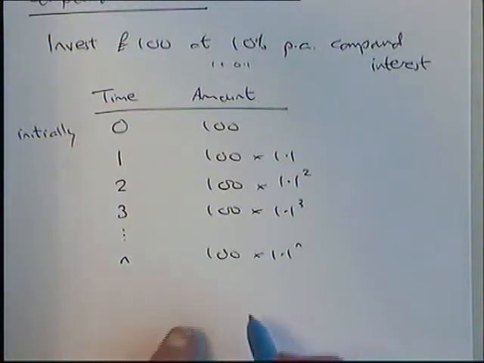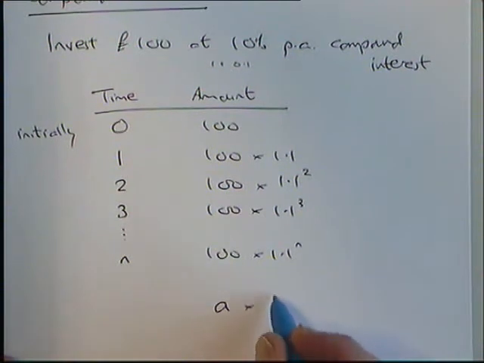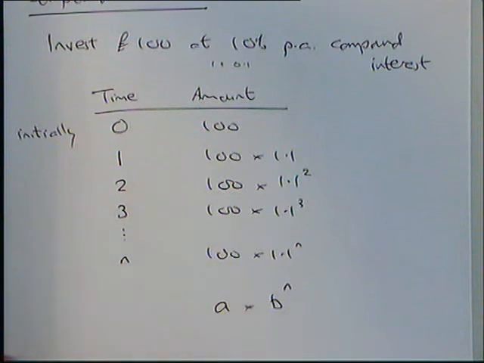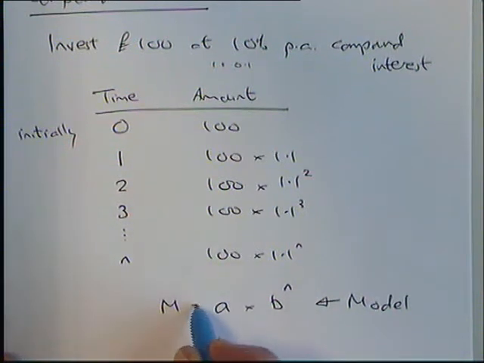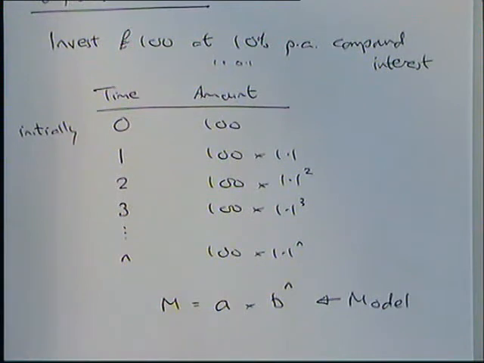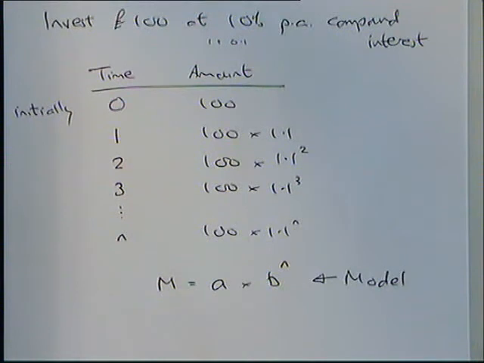Yeah, that's right. What you've got here is a number, which I'm going to call A, times by another number, which I'm going to call B, and then I've got my n up there. And that is the model we use for exponential growth. And here is the amount of money, so I have M here maybe for money, was A times B to the power of n. That was our model for this compound interest thing.